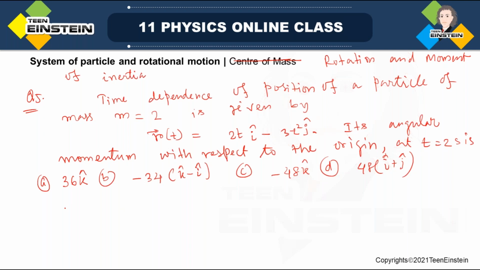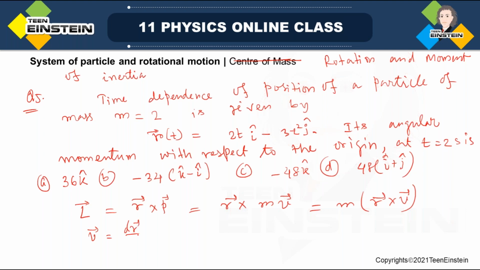So let us write what is angular momentum. Angular momentum is actually r cross p. What is p? p is the linear momentum, m v, where v is a velocity vector and m is mass. So m into r cross v, so r cross v you have to find out. Since this r is time dependent, finding v will not be a problem.